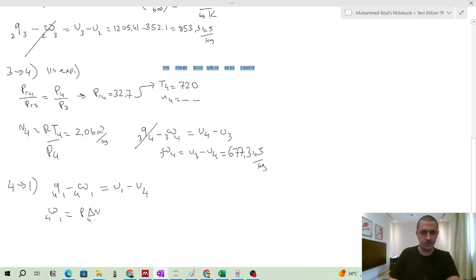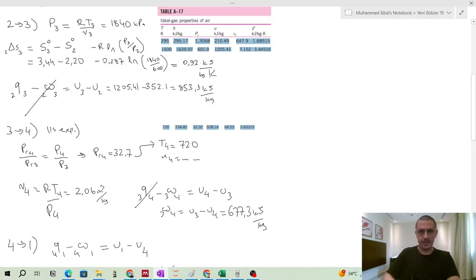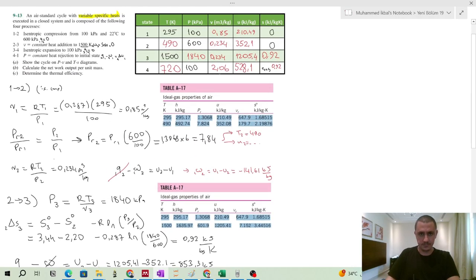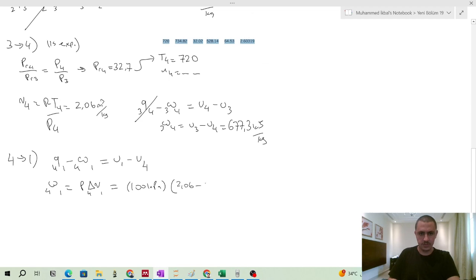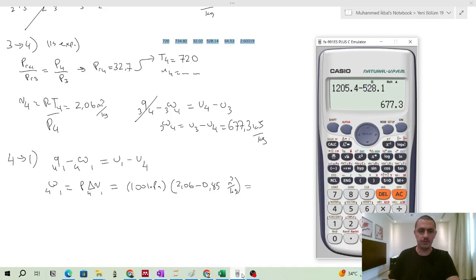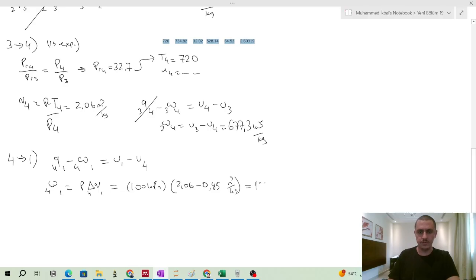So 100 kilopascals multiplied by the volume change, 2.06 minus 0.85 meter cube per kilogram. Kilopascal times meter cube gives you kilojoule, then over kilogram gives you kilojoule per kilogram. So 121 kilojoule per kilogram.